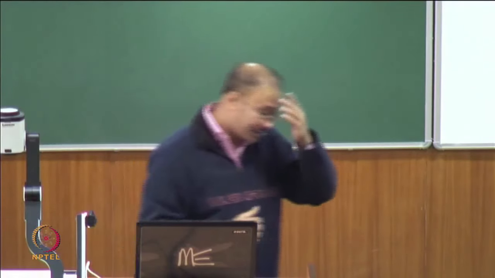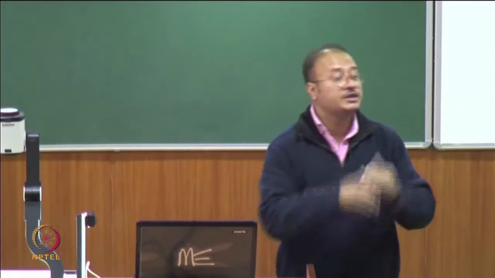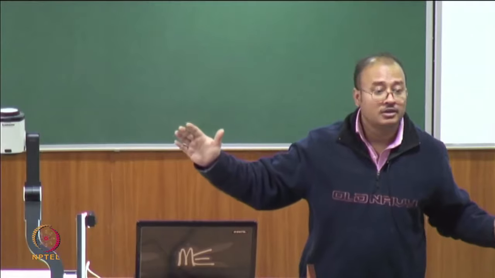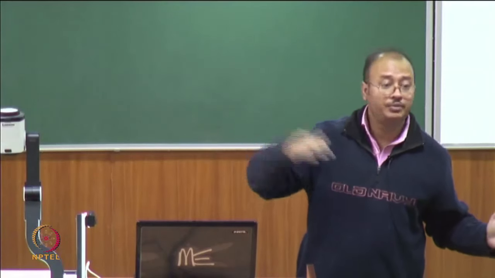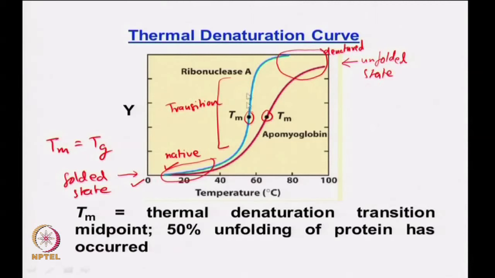So, if you are doing any equilibrium measurements, you are better off being in the transition region rather than in the corresponding baselines, the pre or the post transition baseline. Always focus on the transition region, that gives you the best value, because here both the denatured and the native states are populated to a significant extent.